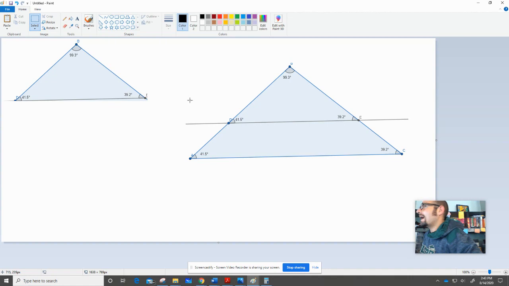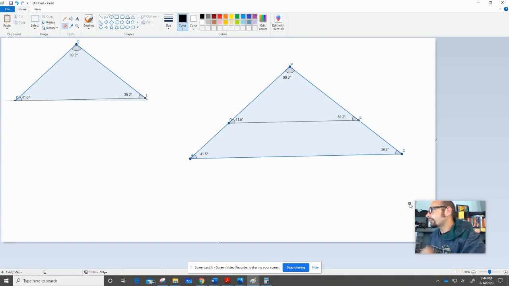So the triangles are going to be similar to each other. We can prove that because the three angles in BDE, 41.5, 99.3, and 39.2, match up with the three angles in this bad boy, 41.5, 99.3, 39.2.